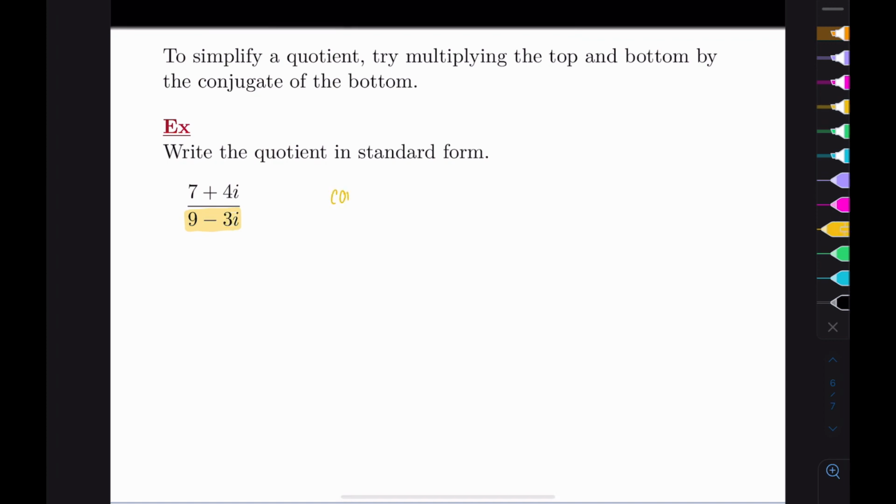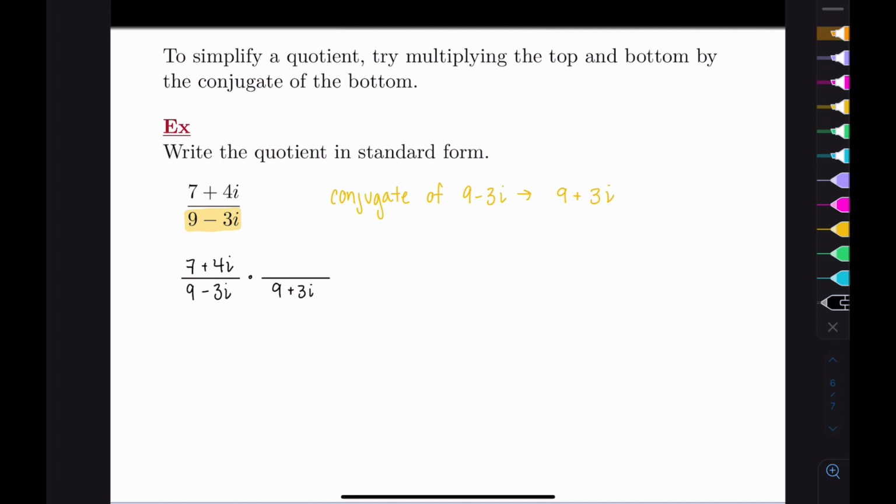So when we're dealing with our conjugate of 9 minus 3i, remember all we do is we change the sign on the imaginary part. So this becomes 9 plus 3i. To simplify this expression, I want to multiply the bottom by 9 plus 3i.